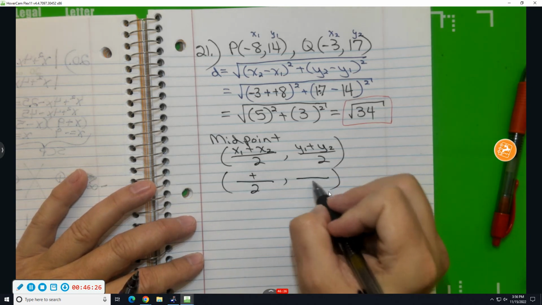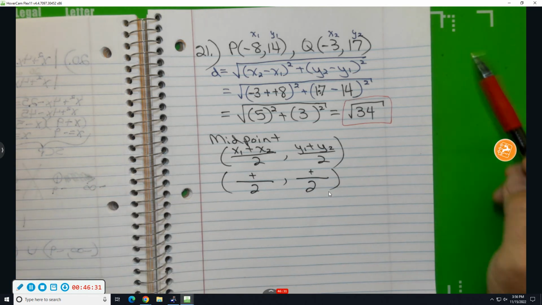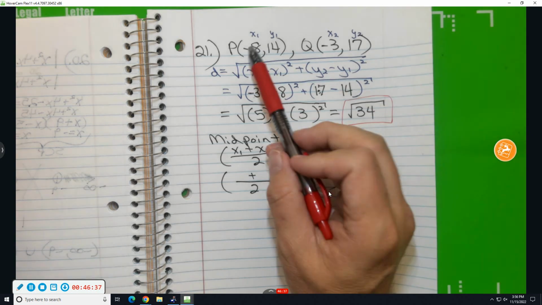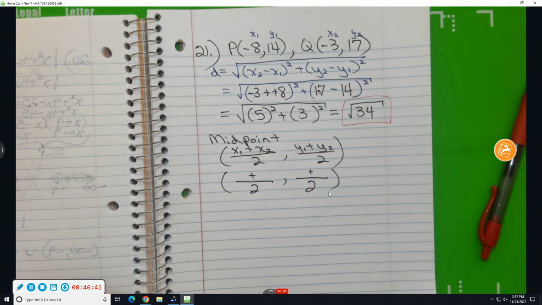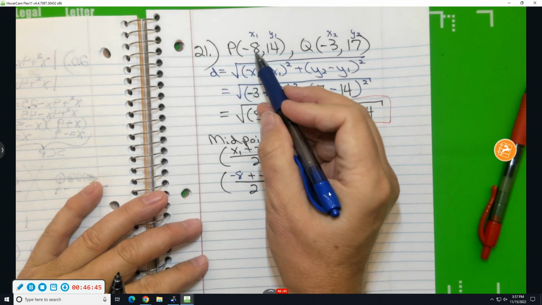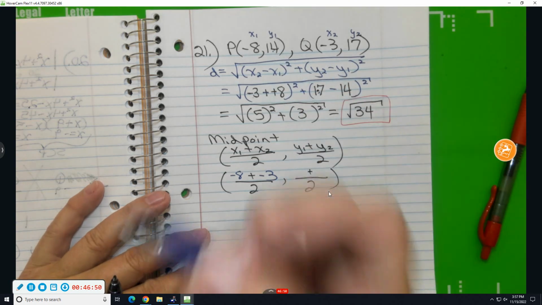If someone asks you, how are you finding the midpoint? You average the x values, you average the y values. Negative 8 plus a negative 3. You're adding the x values, and now you're going to add the y values.